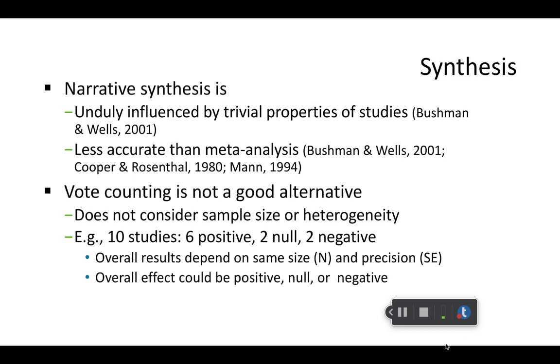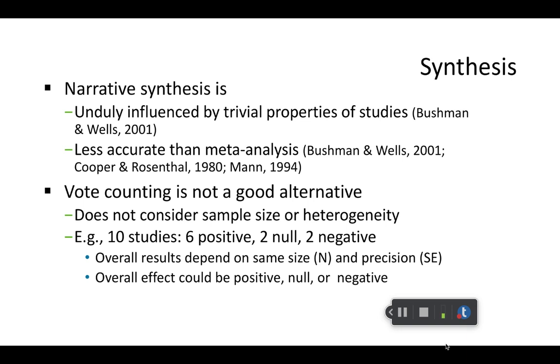Vote counting means that reviewers count up the number of studies that had positive, negative, or null results. So for example, I might tell you that I found 10 studies. 6 of them had positive results that supported my hypothesis. 2 of them had null results, no significant results.